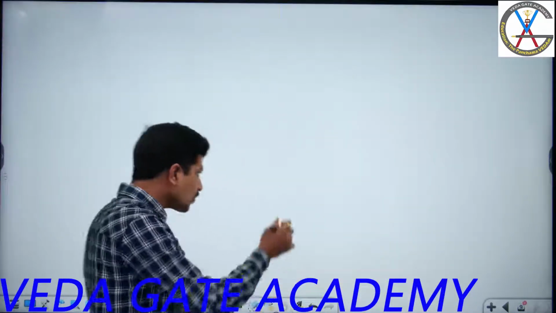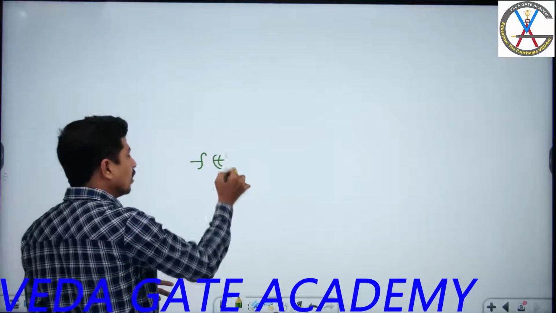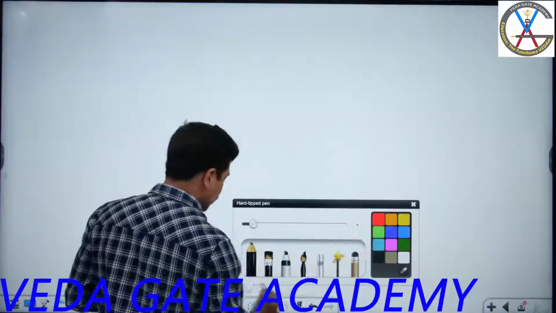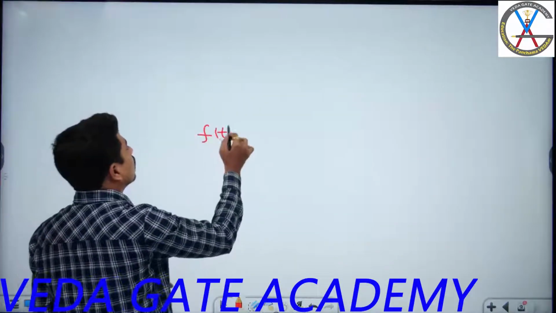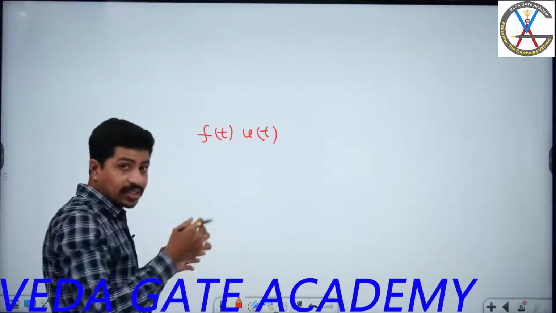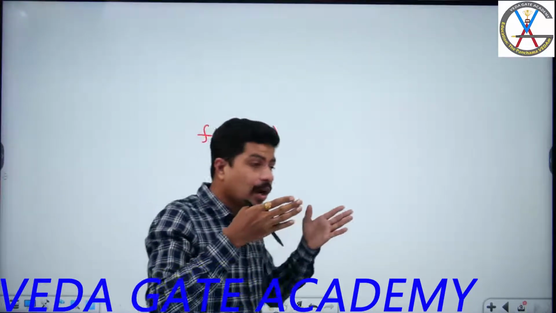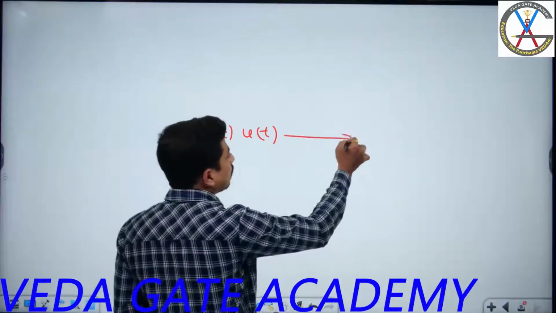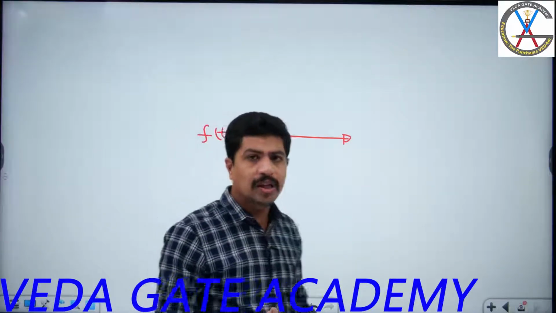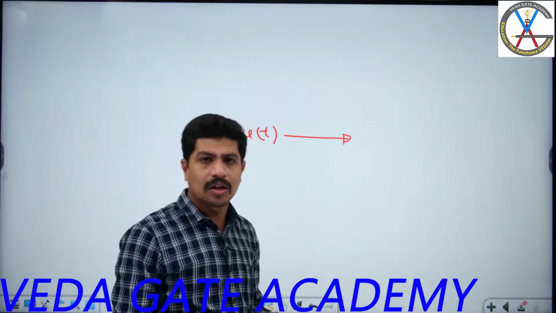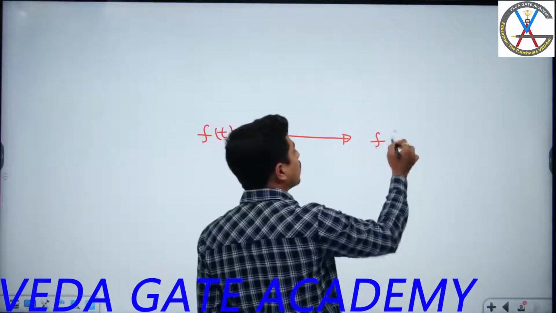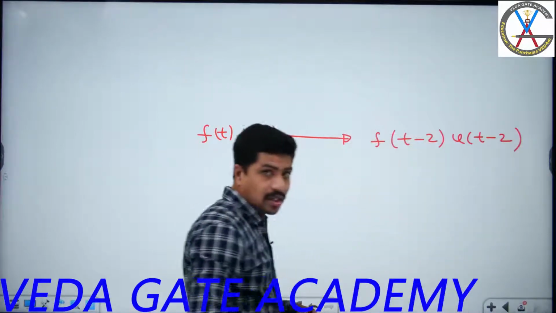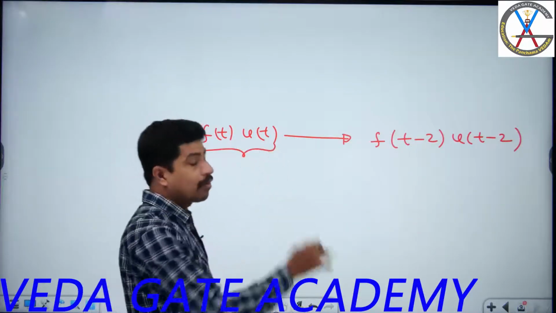If I have a signal f of t into u of t, and this signal is passed through a device which provides some time delay, suppose 2 seconds, then the obtained signal will be f of t minus 2 into u of t minus 2. This total is the signal, not just f of t.